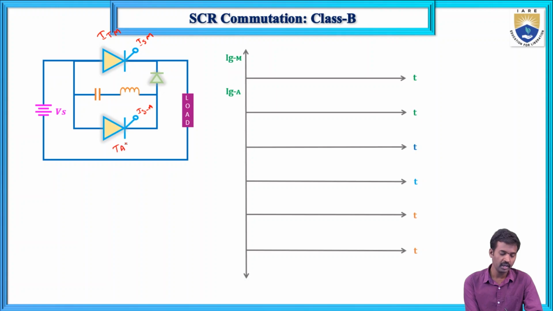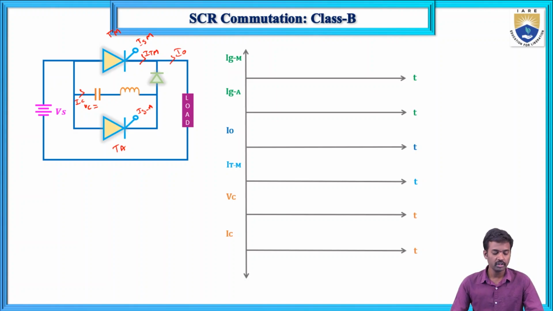This is auxiliary thyristor TA, this is TM, and this is the load current I0 and the ITM current, which is the main thyristor current. Next is the capacitor voltage VC, and next the capacitor current IC. So I am going to explain these waveforms right now.